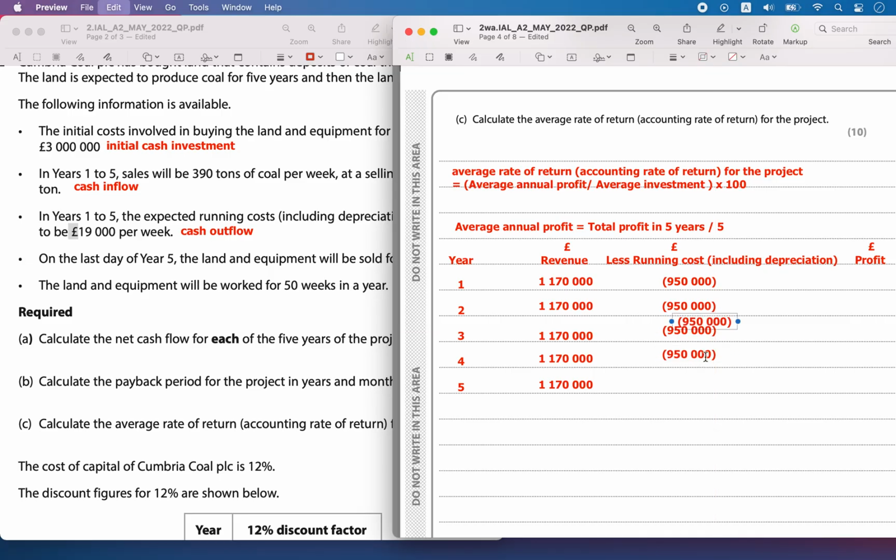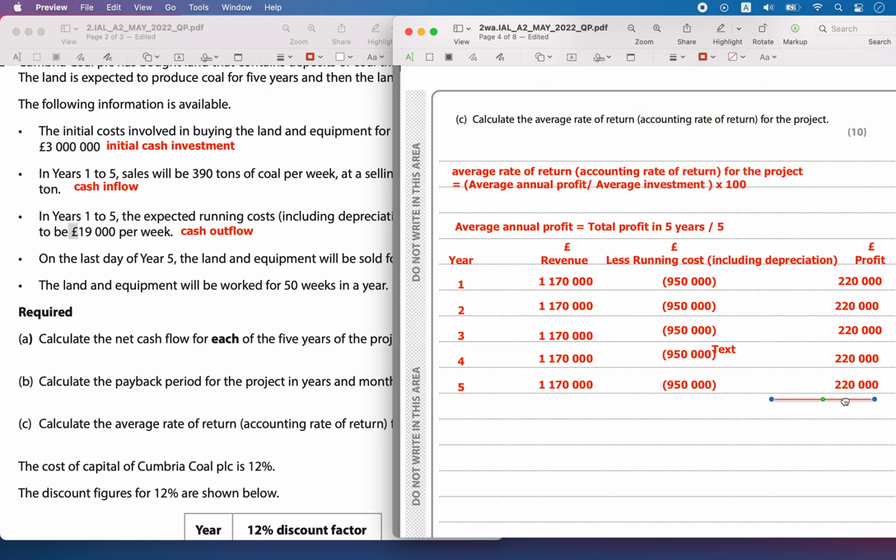The profit is 1,170,000 minus 950,000, that is 220,000. So the profit is also going to remain the same each year in this case. In certain cases they might change. Here you indicate it's the same, and then you add up to get the average profit.